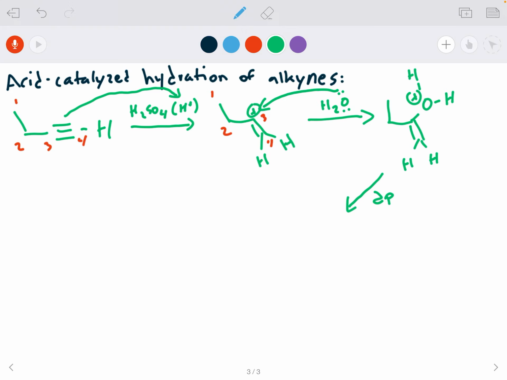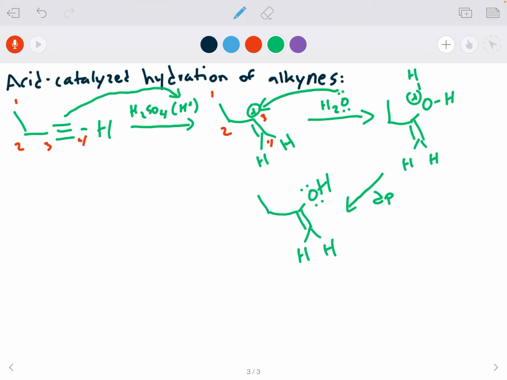So that's how the deprotonation will occur, and we'll now be left with just an alcohol there rather than the water molecule. So the next step, this is not going to be our product.